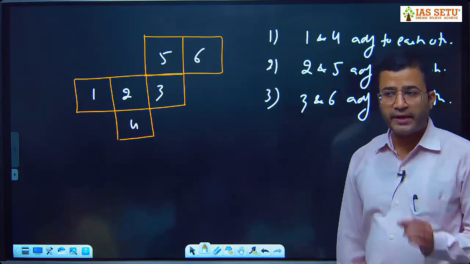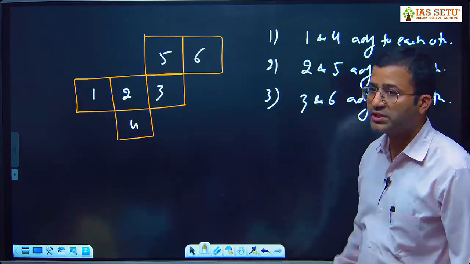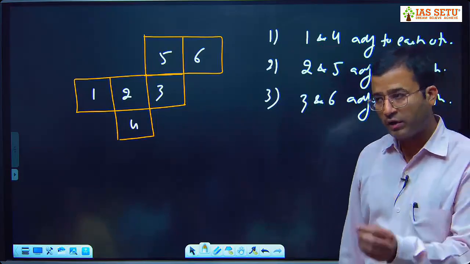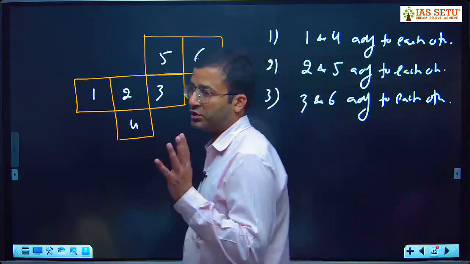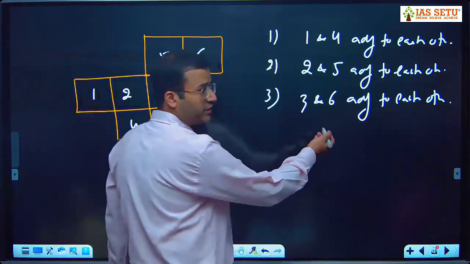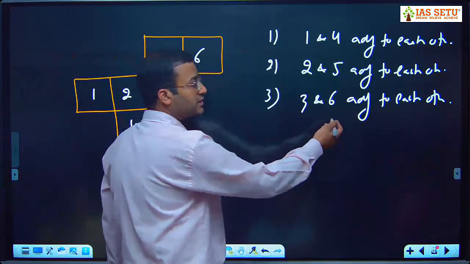Okay, my question to you, out of these given statements, how many statements are correct? 1 only, 2 only, all 3? None. The answer options will be how many statements are correct?